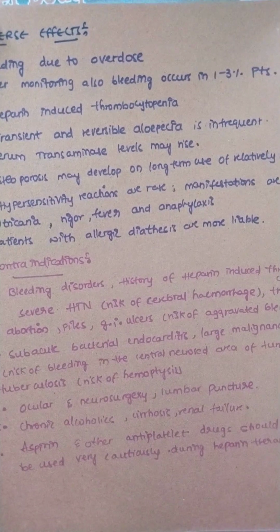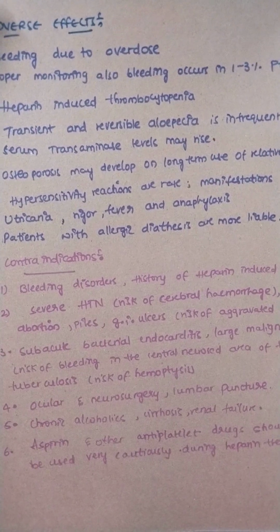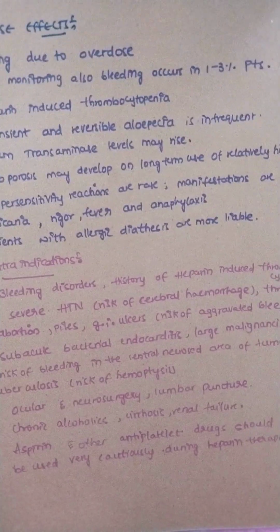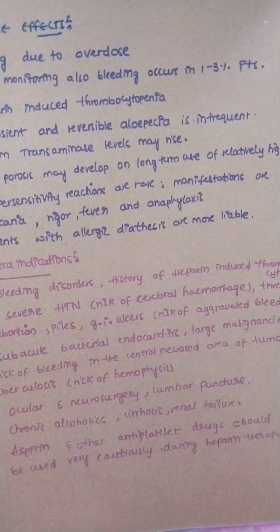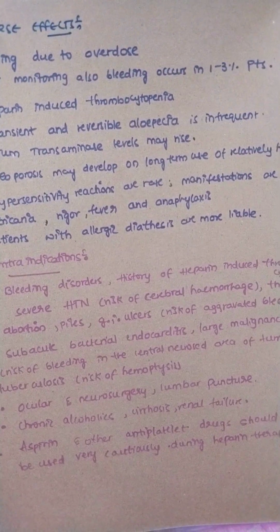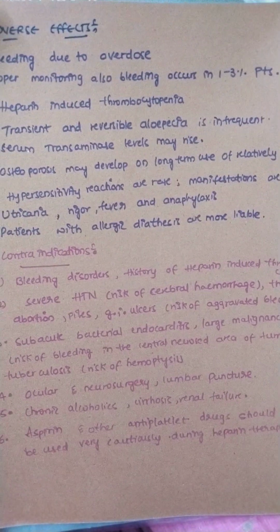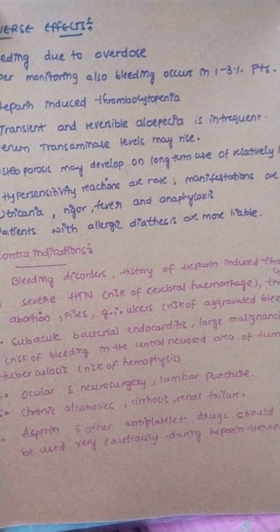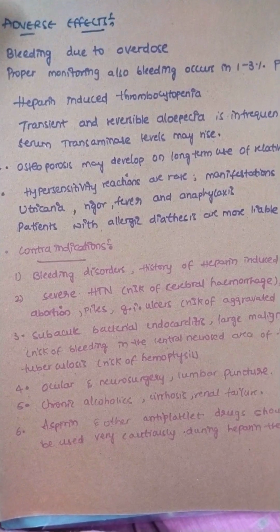If we don't treat this cerebral hemorrhage, then death of the patient will occur. And in pregnancy, if we give high doses, abortions will occur. Piles, gastrointestinal ulcers and peptic ulcers will occur. Subacute bacterial endocarditis and large malignancies, we should not give this heparin.